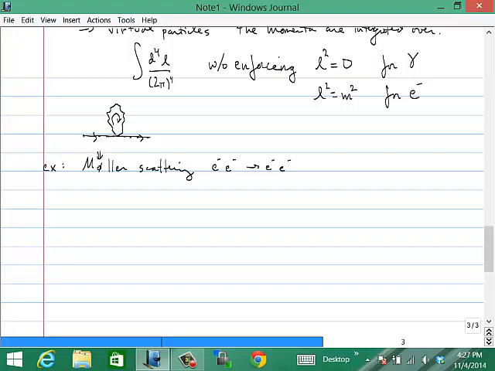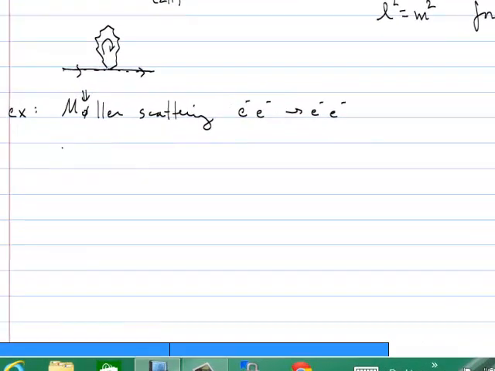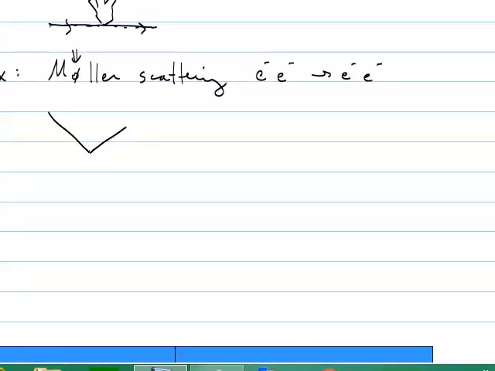What we'd like to do is compute the first non-trivial contributions to this, where two electrons will interact with one another by the exchange of a photon. In particular, here we have an electron that comes in with momentum p1 and leaves with momentum p3.